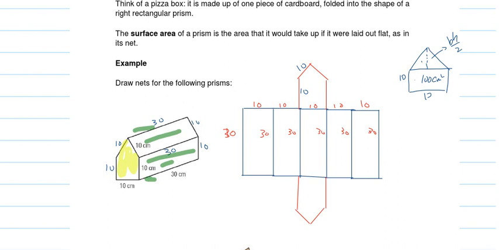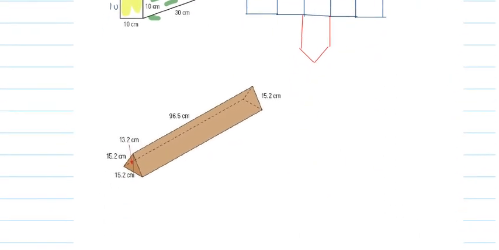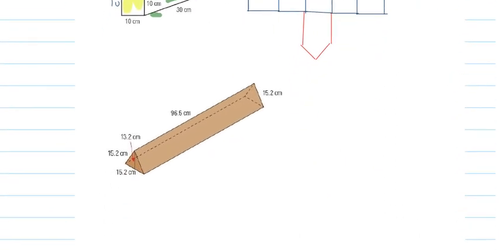All right. So what do we call this shape? What's your base? Triangle. So that's a triangular base prism. Okay? The other one is a pentagonal base prism. This is going to be a triangular base prism.